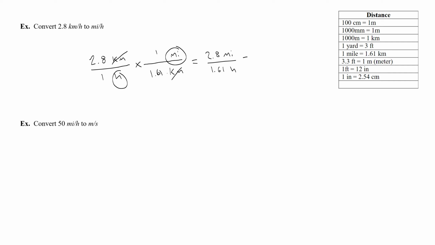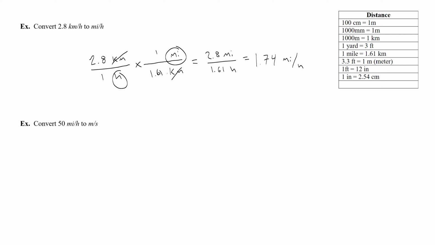So I take 2.8 and divide it by 1.61, and I get 1.73, we'll say 1.74. I can write this as miles per hour.